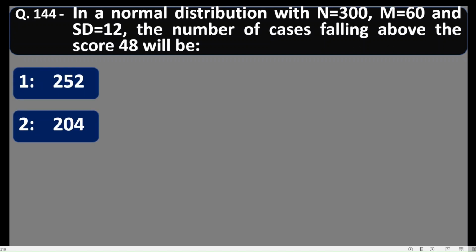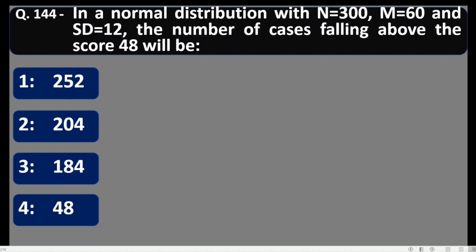How many subjects are having more than 48 marks? Total 300 subjects are there. Again, mean is 60 and standard deviation is 12. We have to find the number of students who are getting marks more than 48. So the correct option is 252. But how? Let us see.